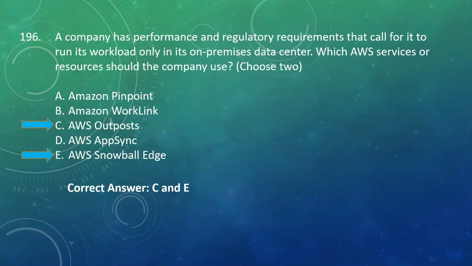AWS Snowball Edge is a data transfer and edge computing device that can be used in on-premise environments. While its primary purpose is data transfer, it can also perform edge computing tasks, making it a suitable choice for certain workloads that need to be executed on-premise.